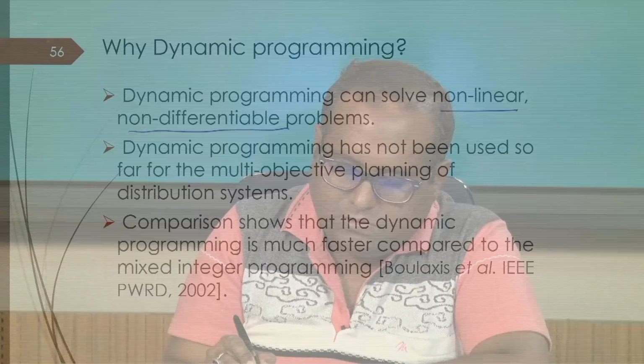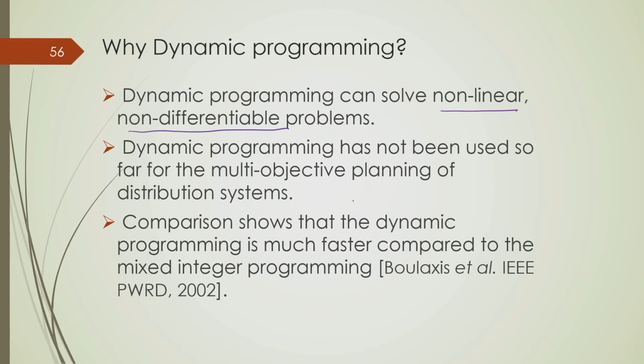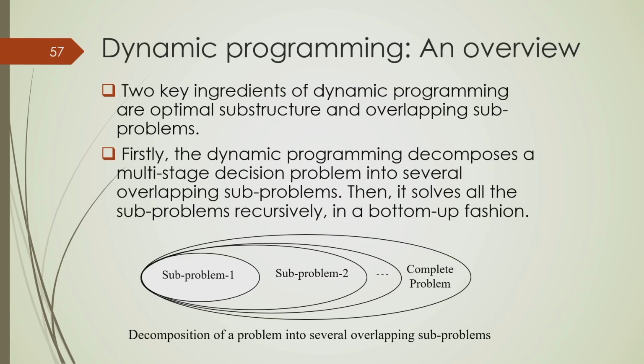So, linearity is not a requirement for application of this particular approach, and we can also extend this approach for solving multi objective optimization, which we have done, and we published this also in a reputed journal. I will talk about it in the reference list. Also we provide some comparison. Okay. Now, what is dynamic programming? So, the basic philosophy of dynamic programming is that its key ingredients are optimal substructure and overlapping subproblems. Okay.